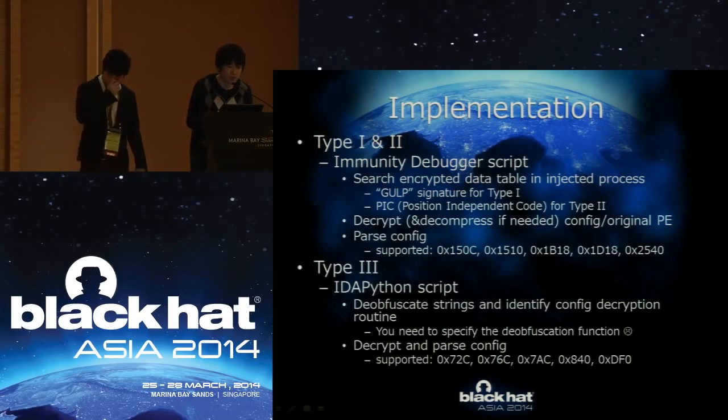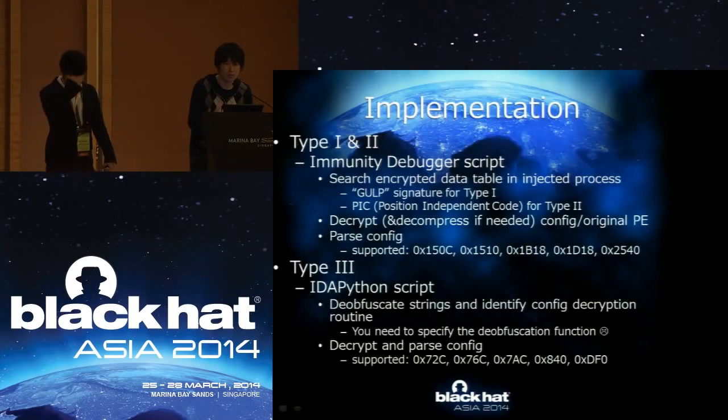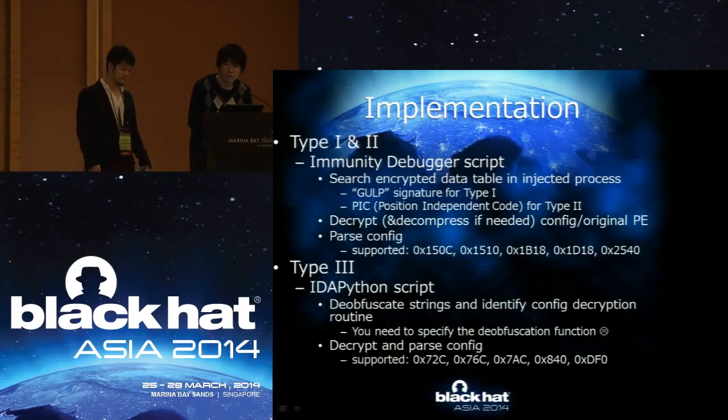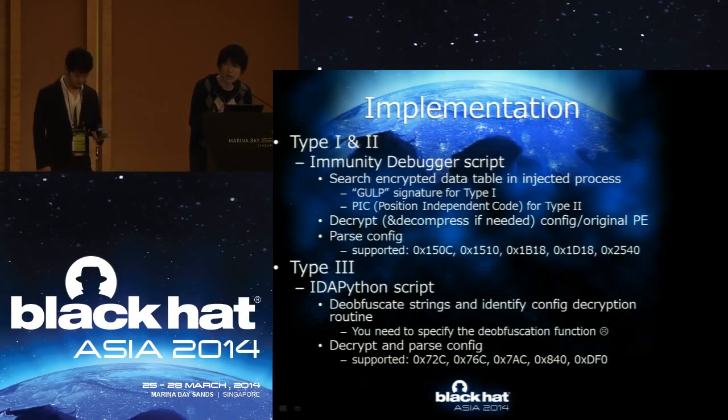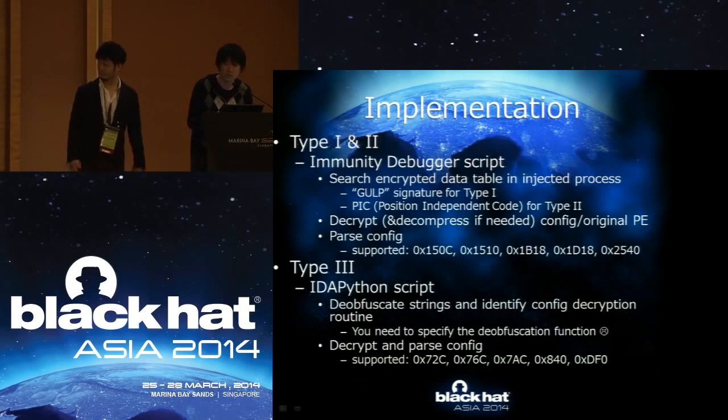But type 3 is more obfuscated, and anti-reversing and anti-forensic techniques are applied. So we must analyze it to find the config statically using IDA Pro. So we made our IDA Python script for type 3.